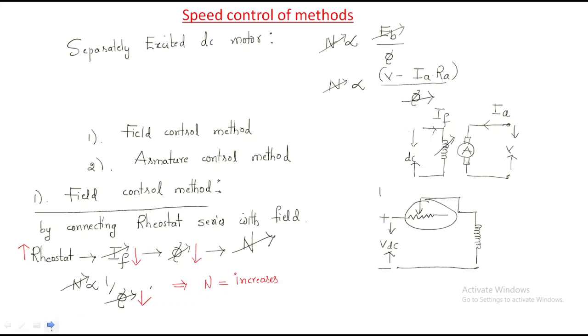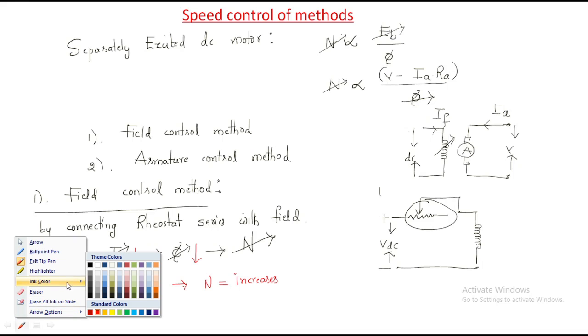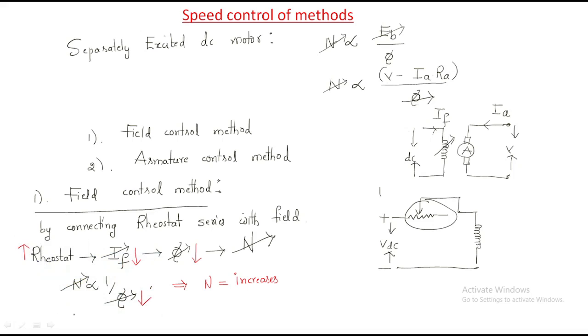And for the second case, for example, if the rheostat value decreases, then field current value increases, because resistance is always inversely proportional to the current. Whenever the field current increases, flux value increases.